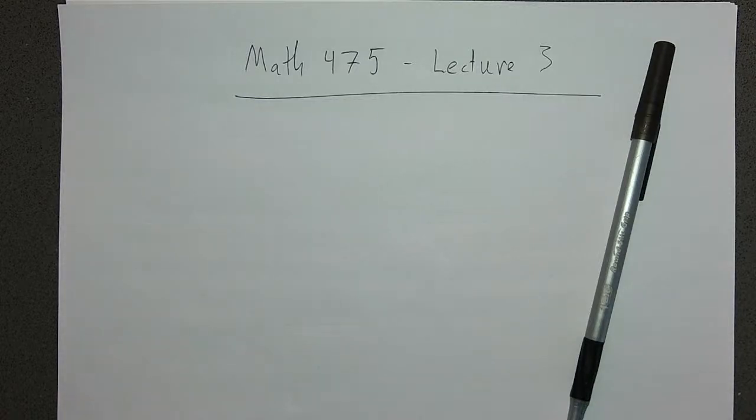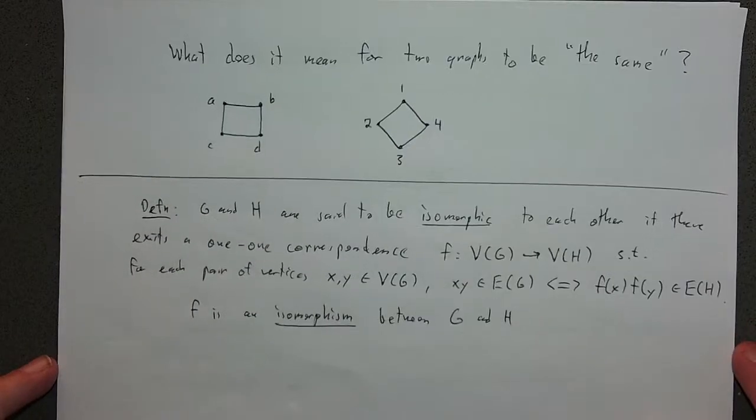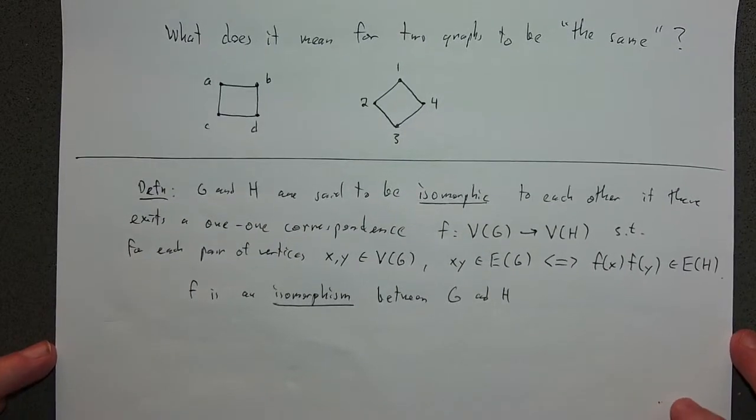Yesterday we left off at this question of isomorphism, so I'm just going to bring that back onto the screen right now. This was the last thing we talked about yesterday, which is the notion of two graphs being isomorphic.